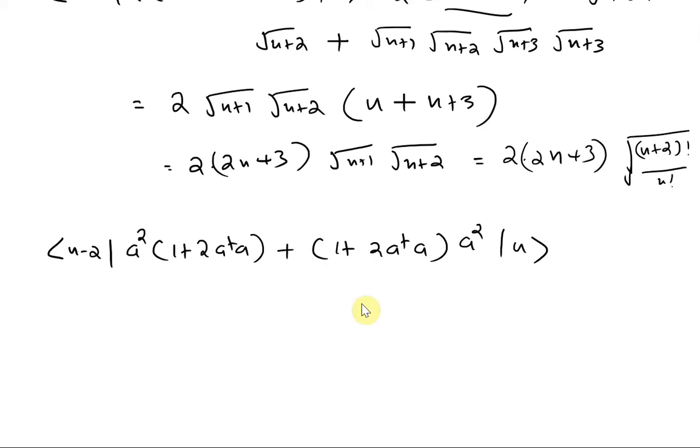So these are 2 terms, and you do exactly the same procedure, and finally you will end up with the result, which is 2 into 2n minus 1, and here you will be having n factorial divided by n minus 2 factorial. There is nothing different, everything is a similar procedure. So finally you will get something like this.